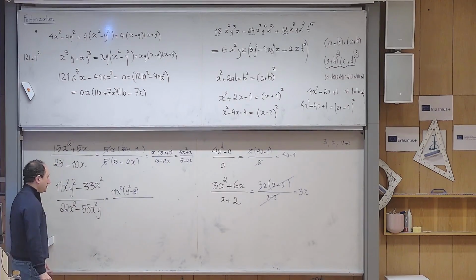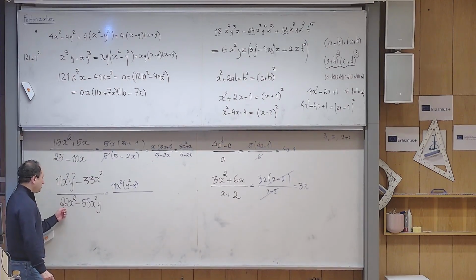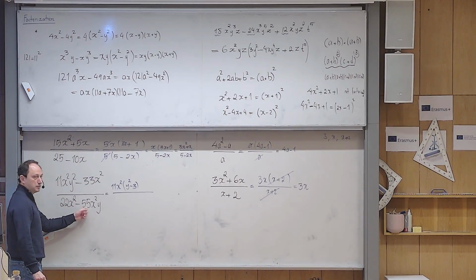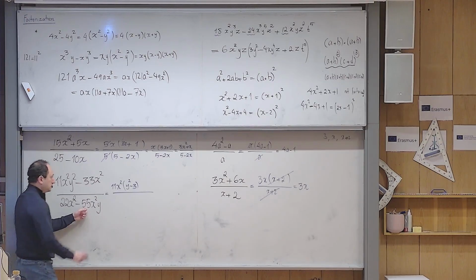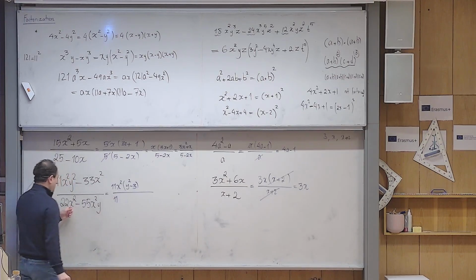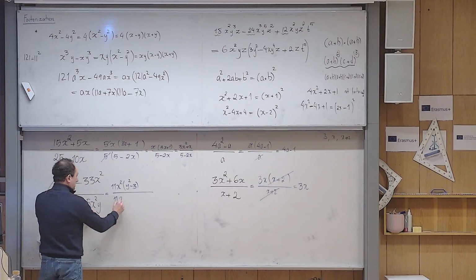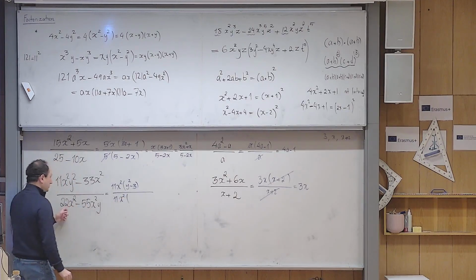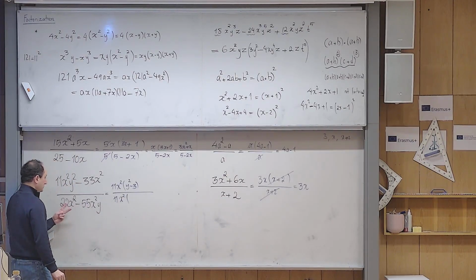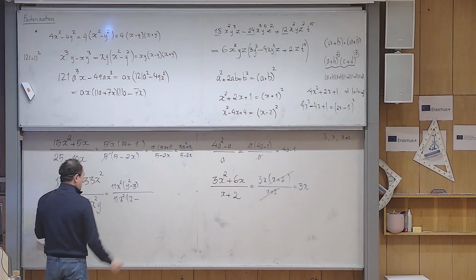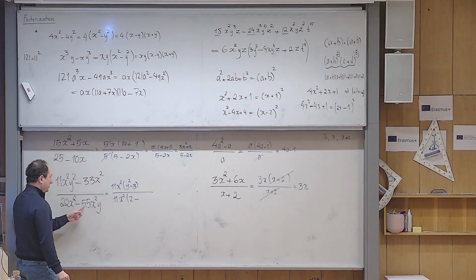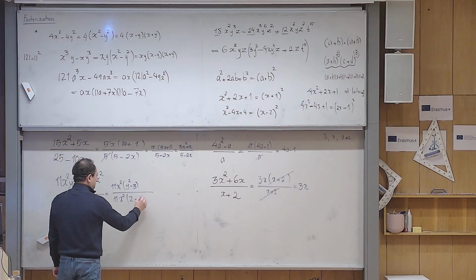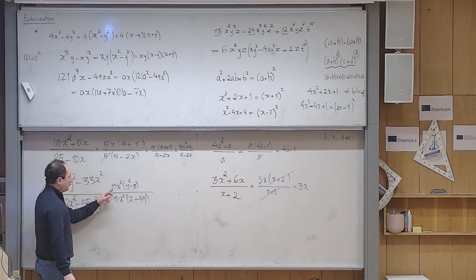What about the denominator? Between 22 and 55, is there any common number? Yes, 11. Between x squared and x squared, again x squared. What is left from the first one? 2. What is left from the second one? 5y. So I have 11 x squared, y squared minus 3.